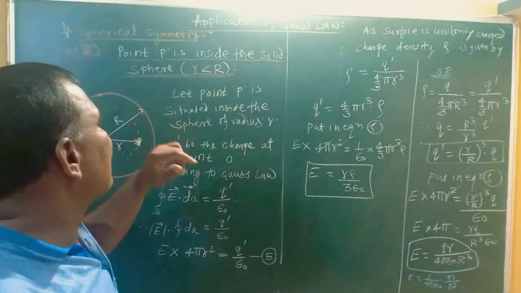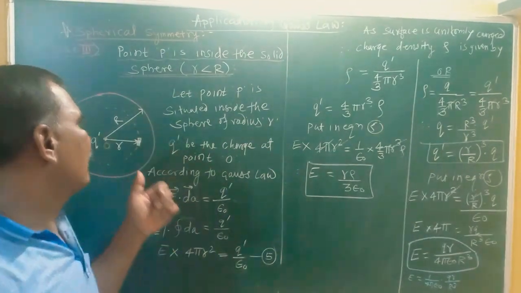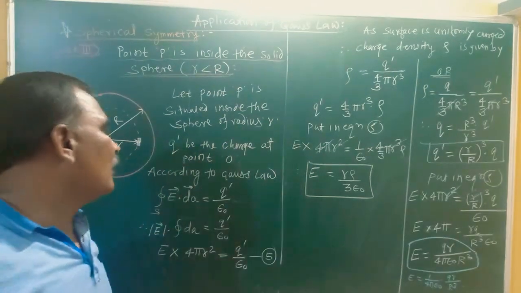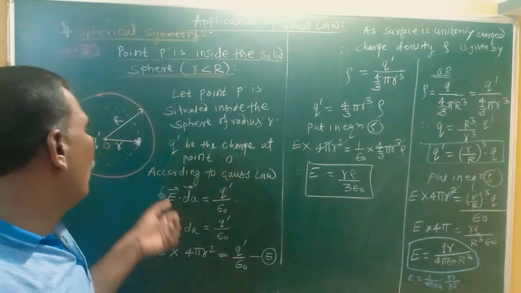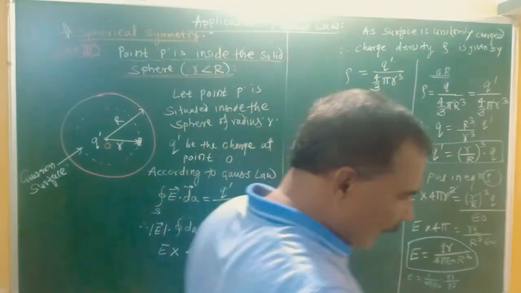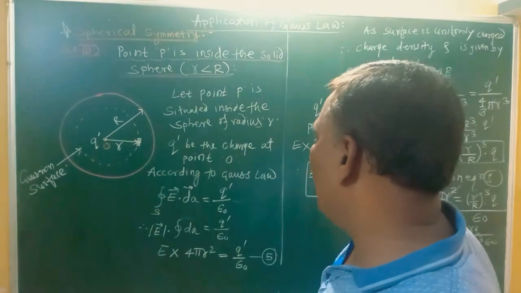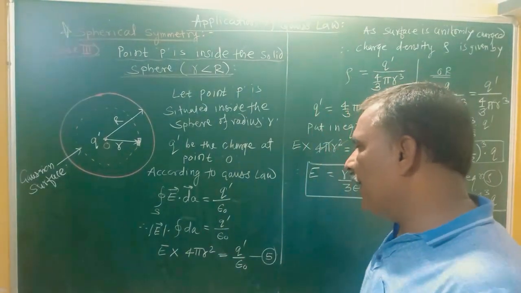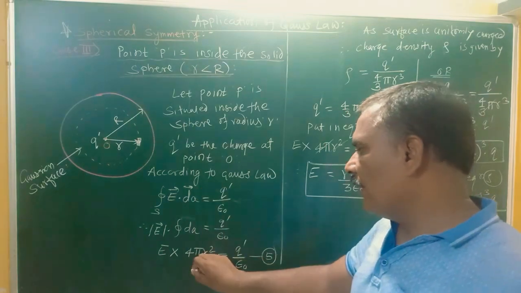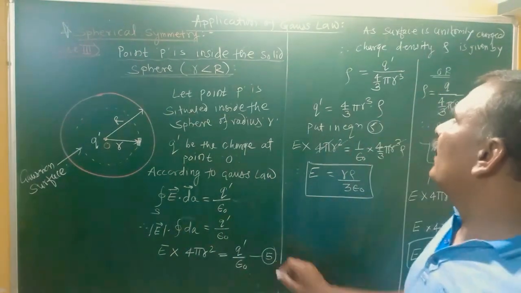Inside: let P be any point situated inside the spherical shell and having radius r, and Q dash is the charge at a point say O. According to Gauss law, the surface integration of E bar dot dA bar is equal to Q dash upon epsilon 0. The magnitude of E bar is constant, so the integration of dA is 4 pi r square, equal to Q dash divided by epsilon 0, equation 5.